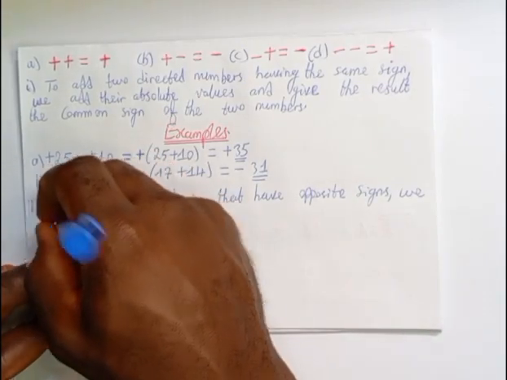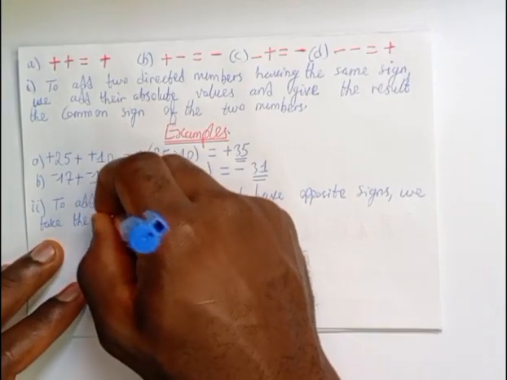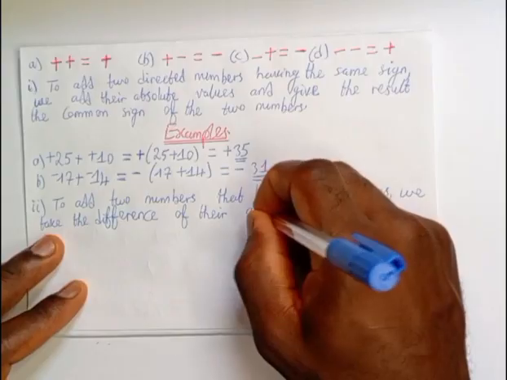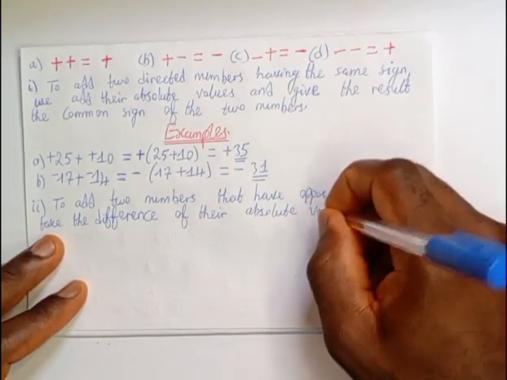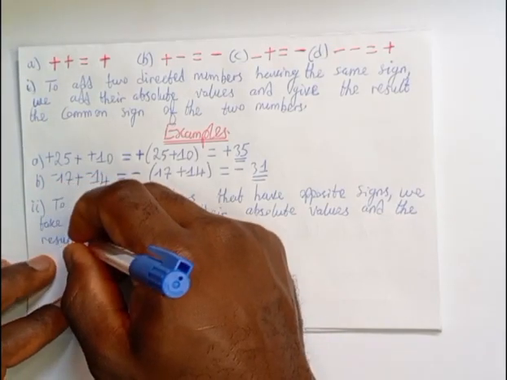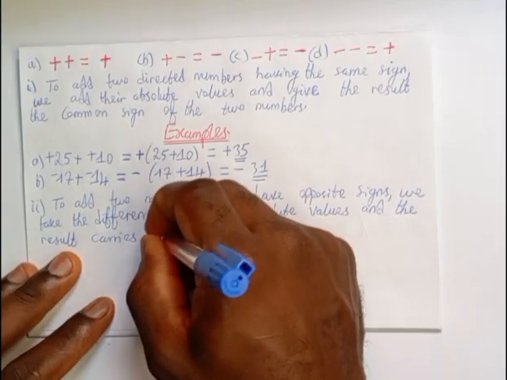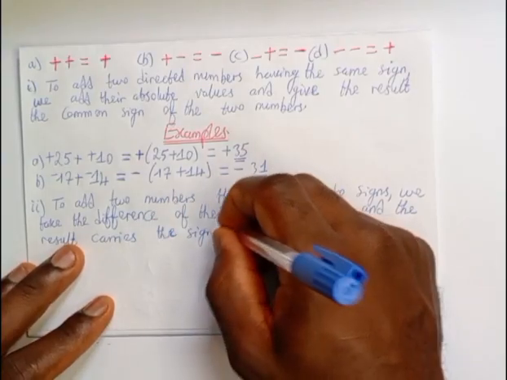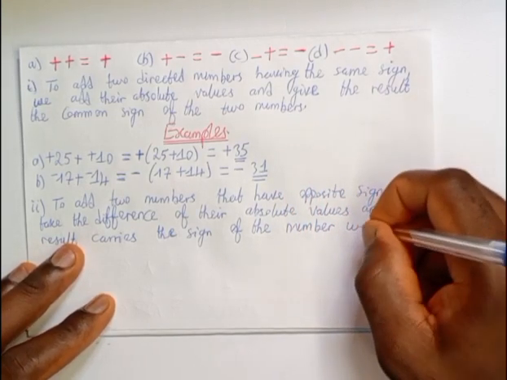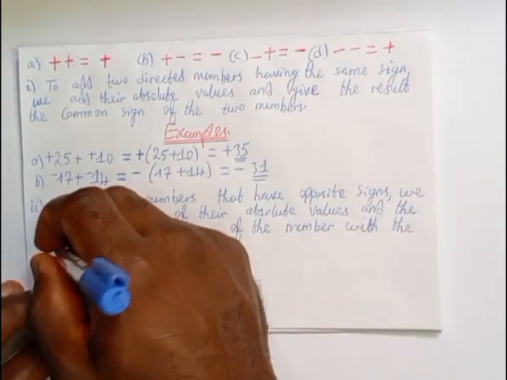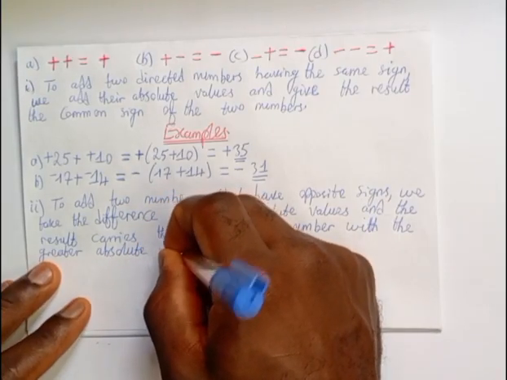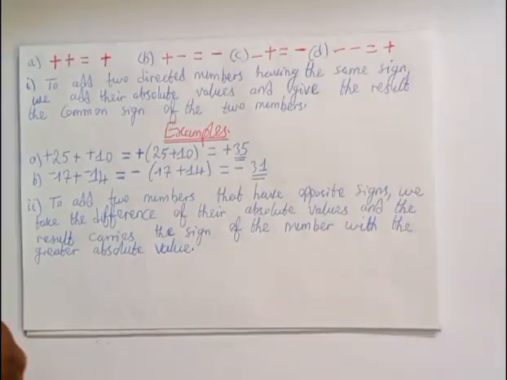We take the difference of their absolute values, and the result, that is the difference of the absolute values, carries the sign of the number with the greater absolute value. Let's take examples on this.